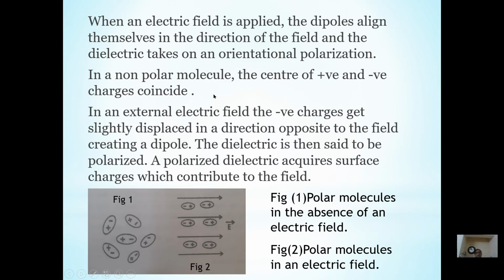But when an external electric field is applied to this non-polar molecule, the negative charge in it gets slightly displaced in a direction opposite to the electric field applied to it. The dielectric is then said to be polarized. A polarized dielectric acquires surface charges which contribute to the extra electric field.